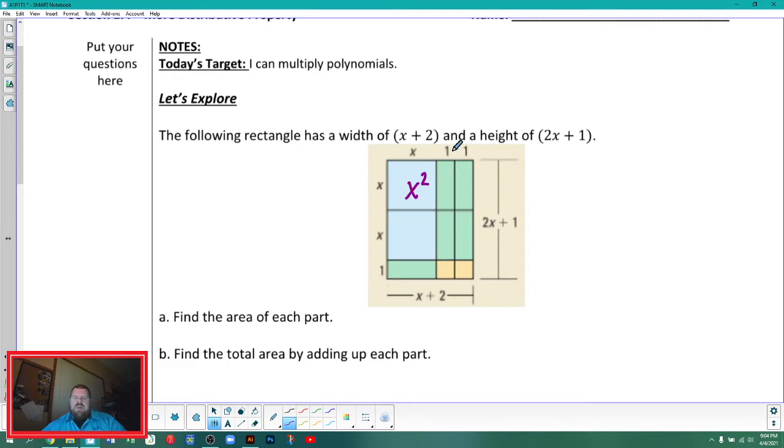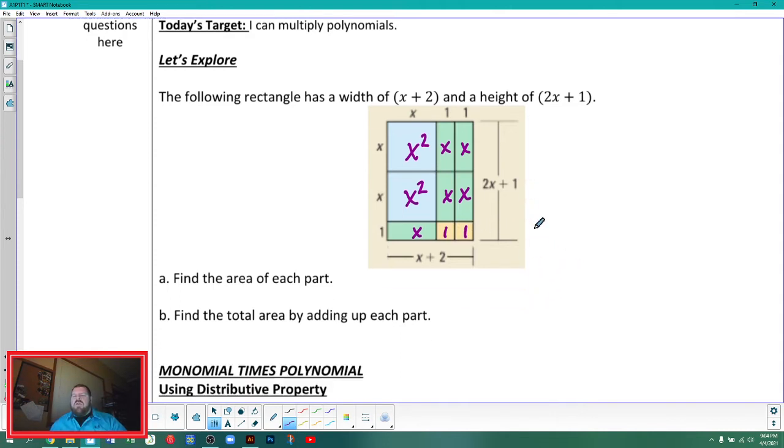This piece is a 1 by x rectangle, so 1 times x is x. Here's another 1 times x, which is x. This is another x squared because it's x by x. Another 1 by x. Another 1 by x. This is another 1 by x going the other direction, but there's no difference there. And then I have these small squares that are 1 by 1. 1 times 1 is 1. 1 times 1 is 1.